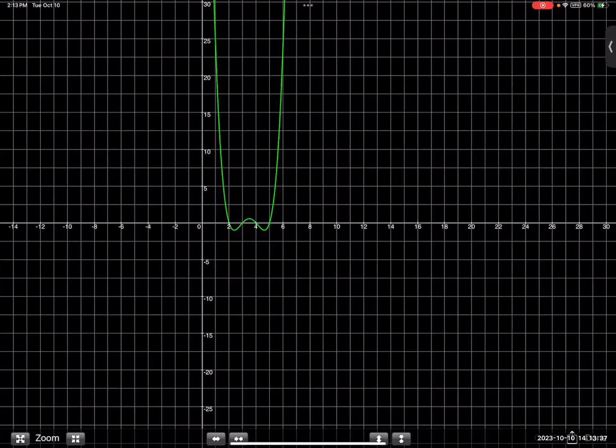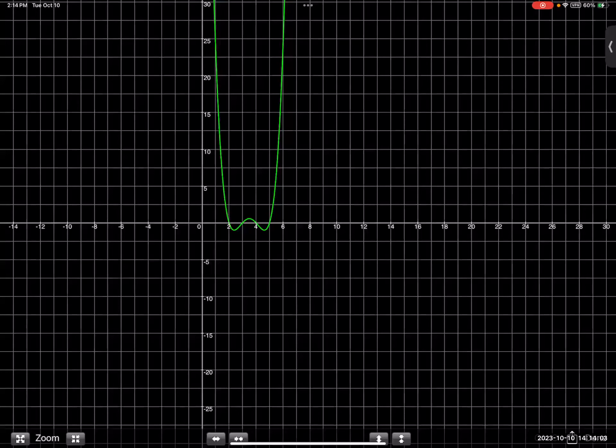This polynomial function is crossing the x-axis at 2, it's crossing at 3, it's crossing at 4, and it's crossing at 5. So Descartes said that there is a possibility that this polynomial function could have 4 real zeros, and it does. So Descartes was correct by just looking at the function and seeing that it had 4 sign changes.